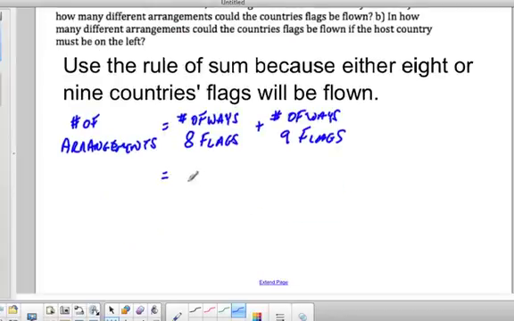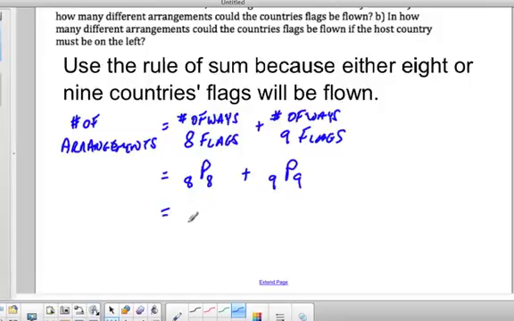So now, if we are going to use permutations, this is the permutation of 8, choose 8, because we're going to choose all 8 countries' flags to be flown, plus the permutation of 9, choose 9, because if 9 countries attend, we're going to choose all 9 flags to be flown.